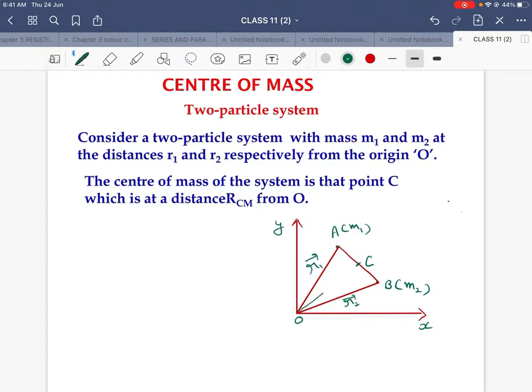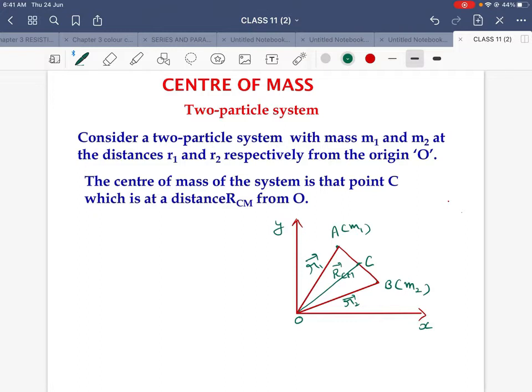Let R is a position vector of center of mass C, that is distance of center of mass C from the origin is RCM, where CM denotes center of mass. Now we have to find the formula for R of center of mass.